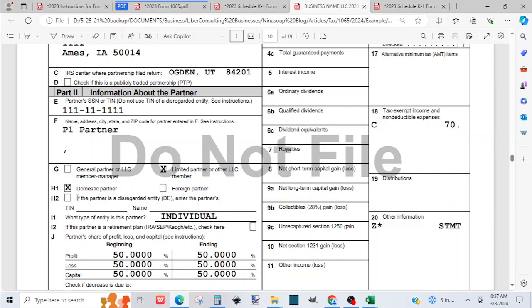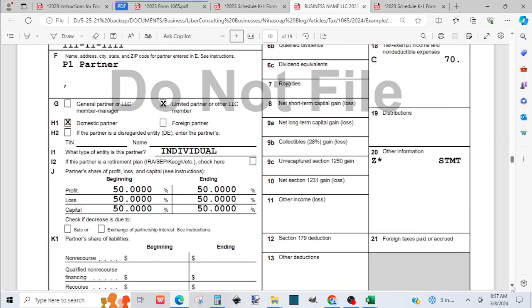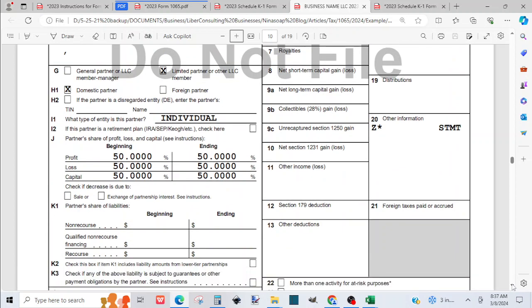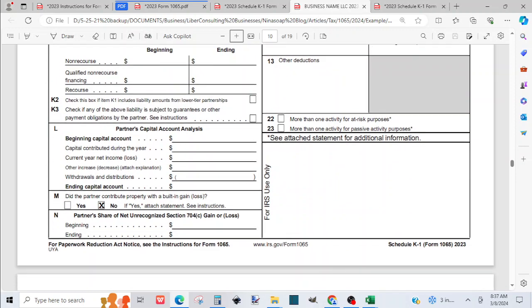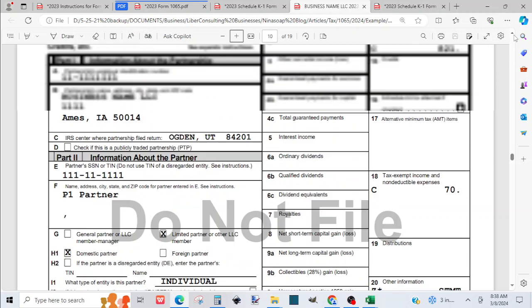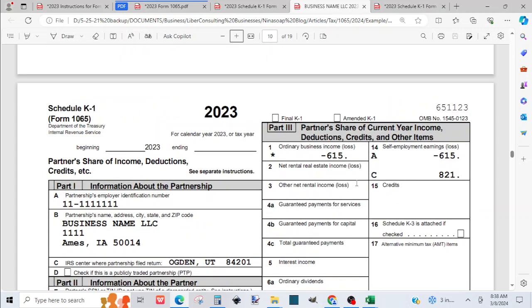So domestic partner, so that is selected. Individual, we have that. They are 50%, 50%. So when we go back up, let's go down a little bit. Okay. And when we go up, they put an asterisk because they will attach a statement.